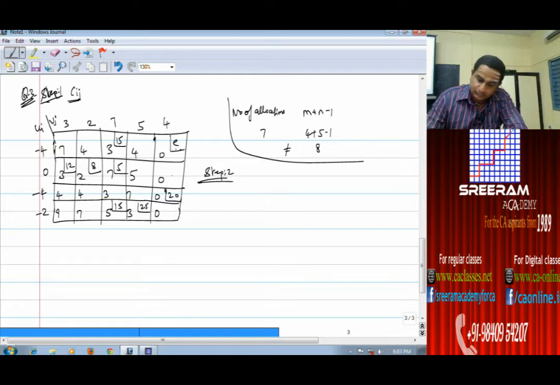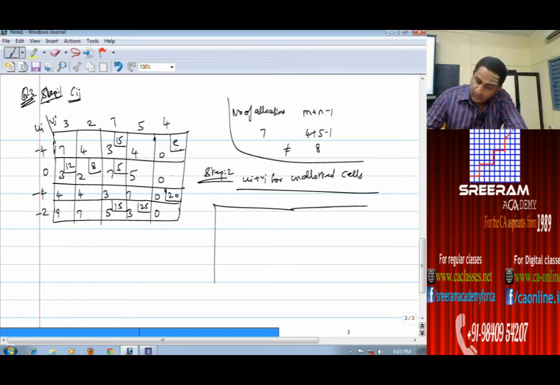Step 2: Ui plus Vj for unallotted cells.